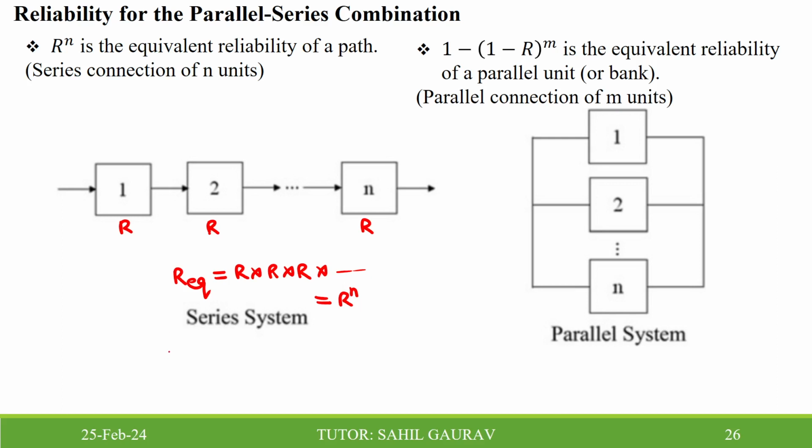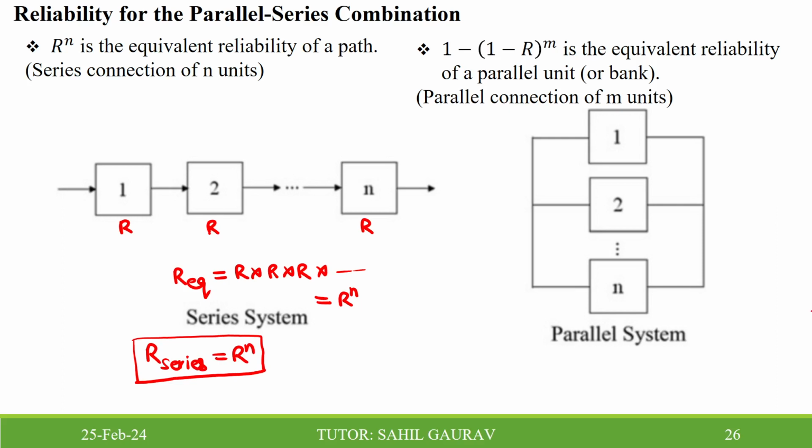So R equivalent for a series system, you can write R series as the multiplication of the reliability values of all components. Here all components have identical reliability value, so it is R to the power n.